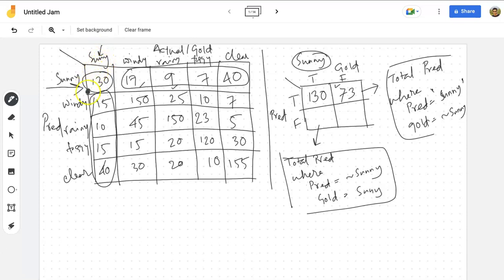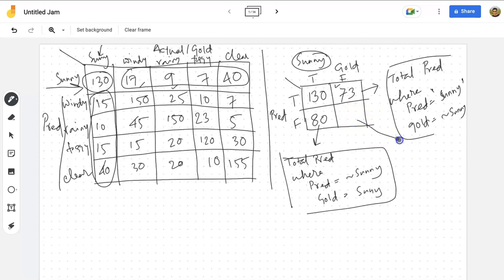But if you ignore this cell, this suggests the gold label is sunny, but your prediction is not sunny. This prediction is from windy, rainy, foggy, and clear. Just sum up these four cells, and this will be your entry for this cell. So it will be 15, 10, 25, 25 and 5 is 30, 40, 80. So it will be 80.